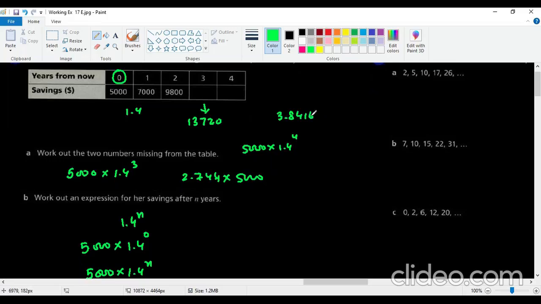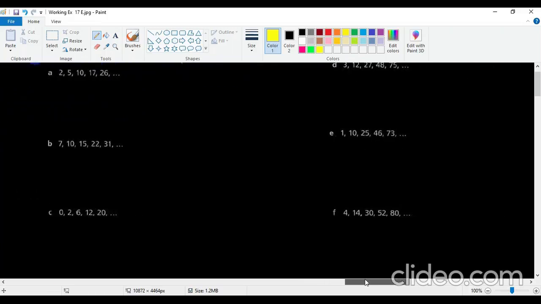When multiplied by 5,000 it is going to give you 19,208. 19,208 is the value that is going to come in the fourth term. Now moving on to the next question.